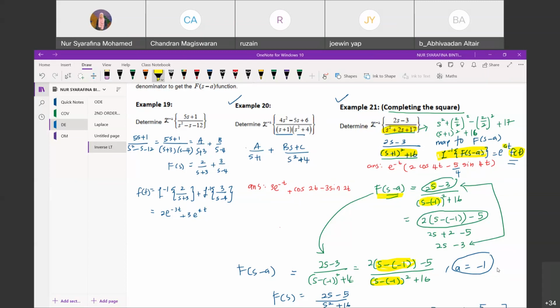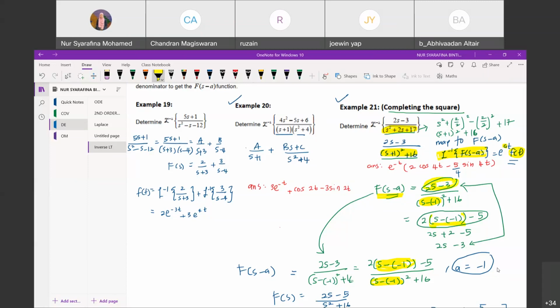You have to make sure that both s variables are in terms of s minus a, where s minus a here is s minus minus 1. So this s also should be in terms of s minus minus 1. When you create s minus minus 1 here, you have to make sure that the original function is not changed.